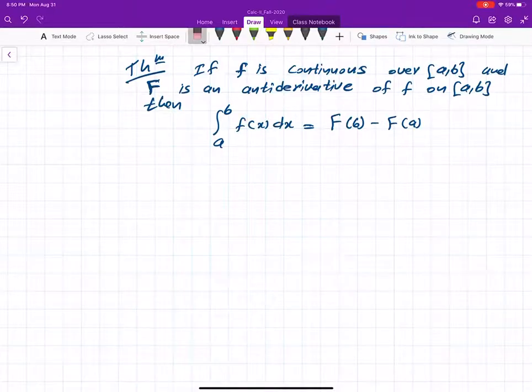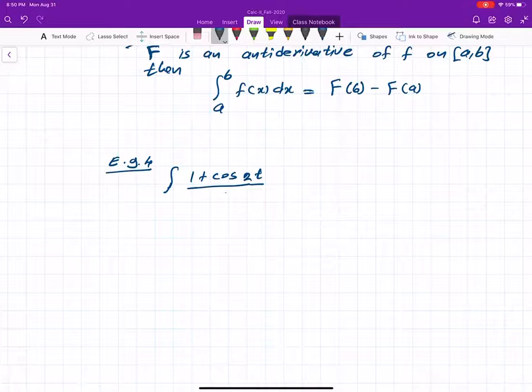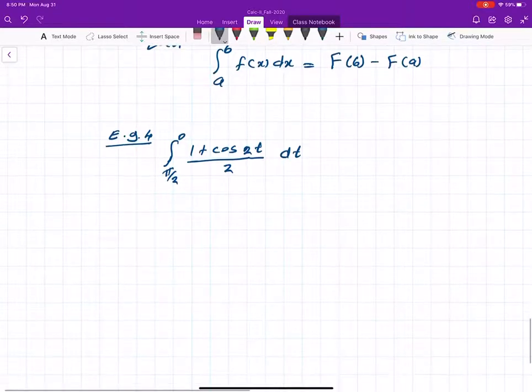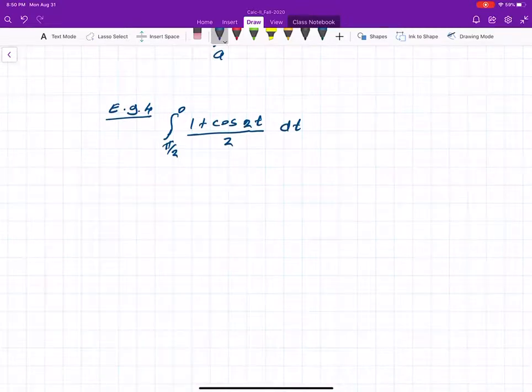Example number 4. In this example, you have to integrate the function (1 plus cos 2t) over 2 dt from pi over 2 to 0. Now you have to memorize the laws of integration.